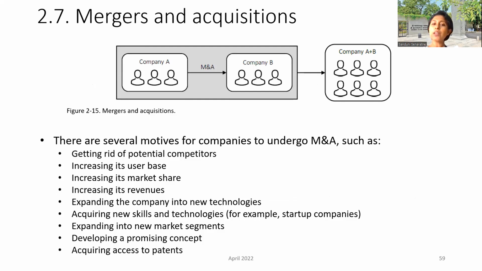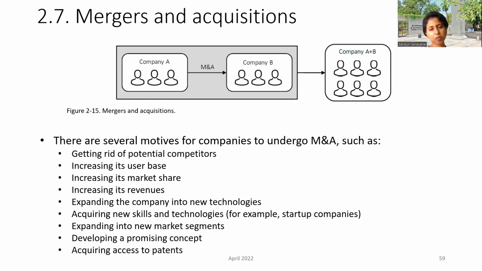Now, why do companies undergo mergers and acquisitions? What is the motive or the intention behind them? There can be so many. Here we have listed out a few. Maybe to get rid of a potential competitor, to reduce their power or move them away from the market, or maybe to increase the user base or the consumer base.